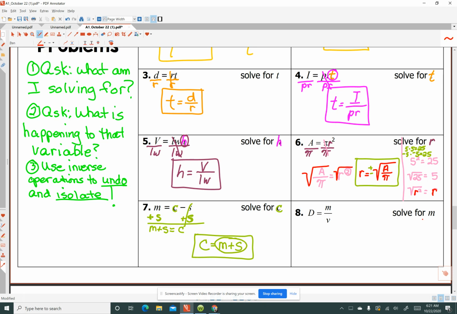Okay, and here, number 8, we're asked to solve for M. Well, here's our M. What is happening to M? Something new. M is being divided by V. What is the opposite of dividing by V?